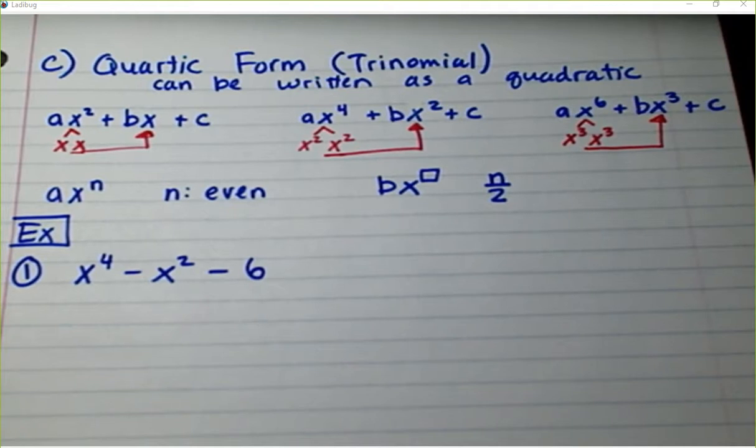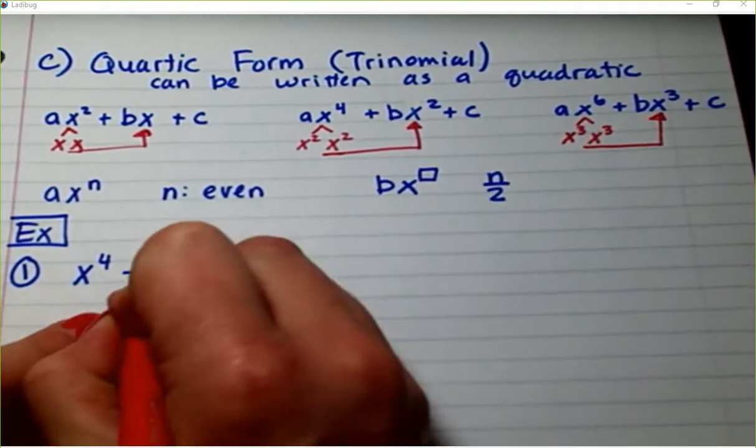Okay, so I am going to use two colors. All right, and I'm going to do this thing called U substitution. Okay, it's not necessary, but U substitution is a skill that shows up in multiple parts of math classes. So I want to show you how it works.